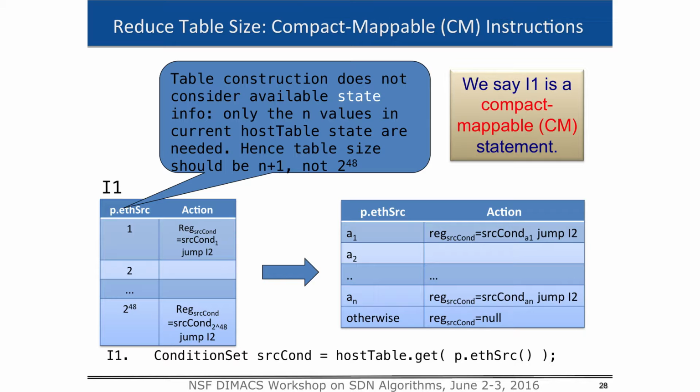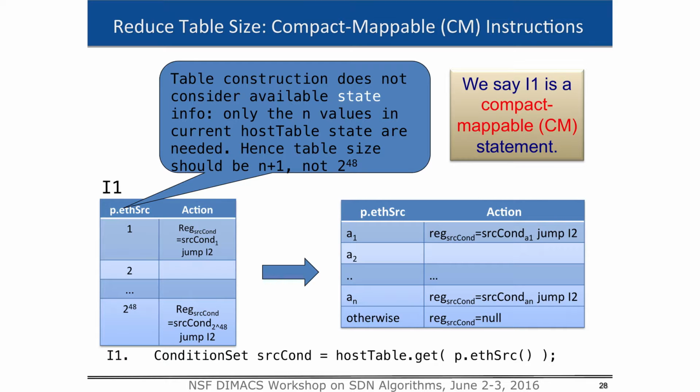And in this one, the table construction does not need to consider all available state information of the source MAC. It simply only needs to use all n values in the current host table state to populate the table entries. So in this way, the table size should be n plus 1 instead of 2 to the power of 48. So we greatly reduce the size of this table.